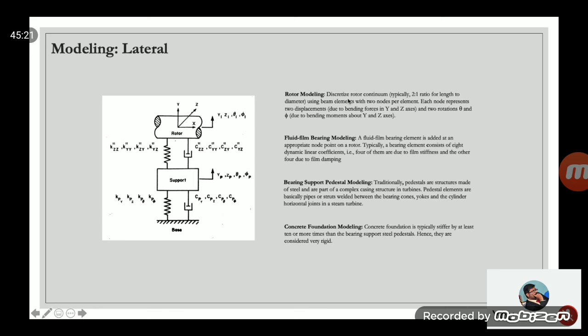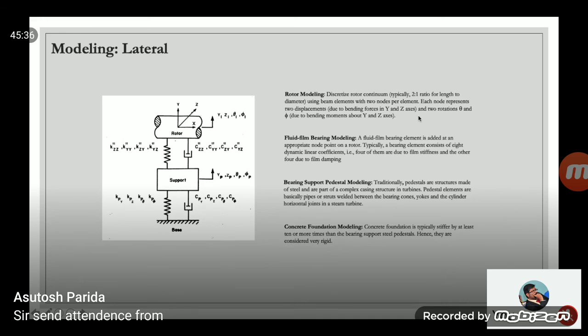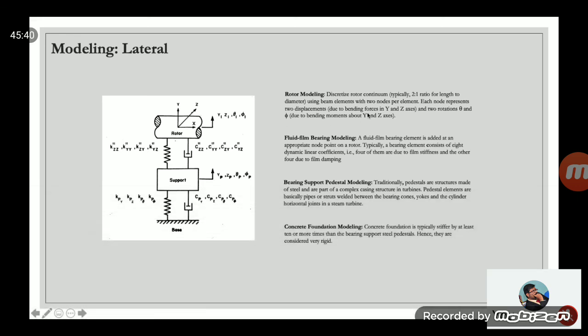For rotor modeling, you have to discretize the rotor continuum, with bending forces in Y and Z axes and rotations about Y and Z, that is phi and theta.